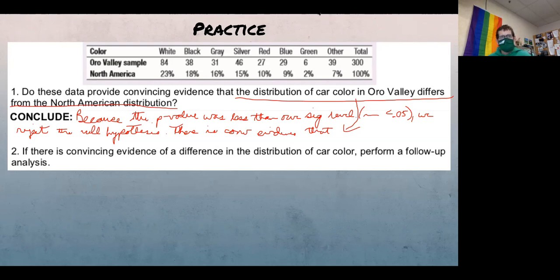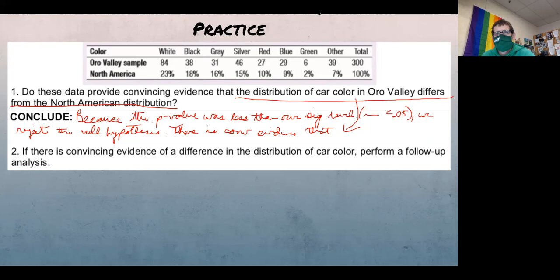All right, so the next question right here says, if there is convincing evidence of a difference in distribution of car color, perform a follow-up analysis. What do you think they're asking for here? Okay. And so the thought was, what are some evidences for it?